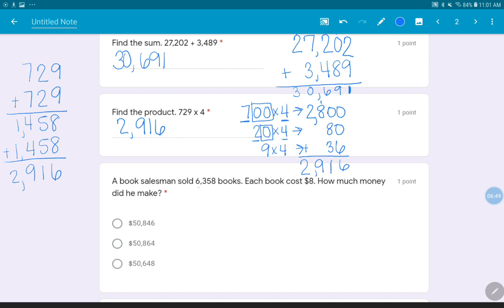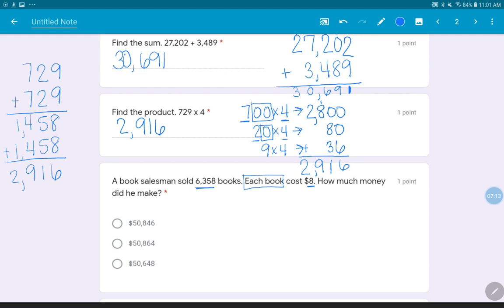Okay, what told you that you needed to multiply that? Because it said he gets $8 a book. Yeah, it says, each book. So that means for one, it costs $8, and he sold 6,358 of those.